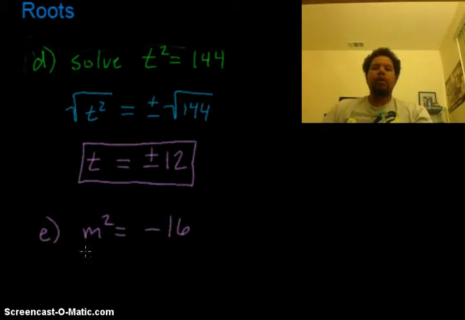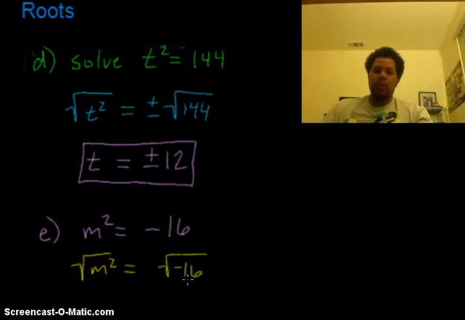Once again, we are faced with solving an equation with a square, and so we want to isolate our m. So we're going to use the inverse operation of squaring, which is the square root. So we're going to take the square root of m squared, and we're going to take the square root of negative 16.